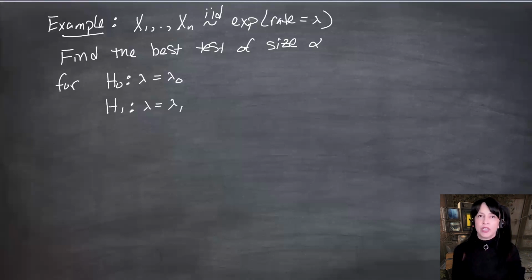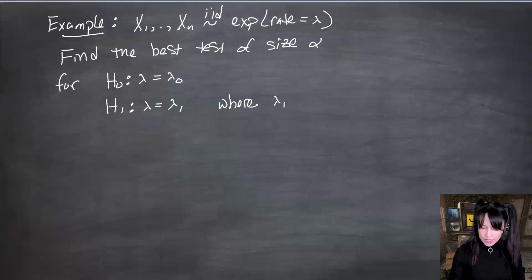Now, this is just us being a little bit general about it, but lambda naught and lambda 1 represent numbers, just like they did before. So we should be able to look at them and say one is bigger than the other. So I'm just going to give this, I'm going to say where lambda 1 is less than lambda naught.